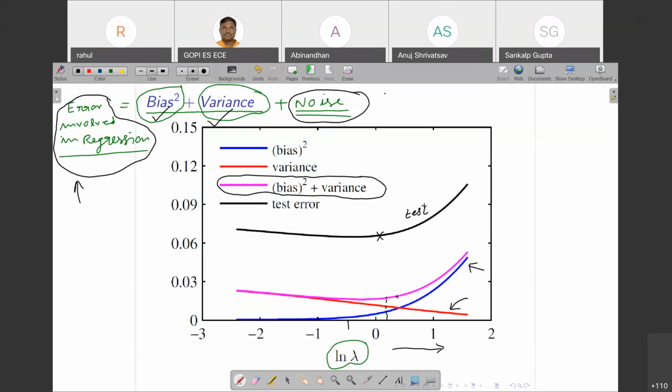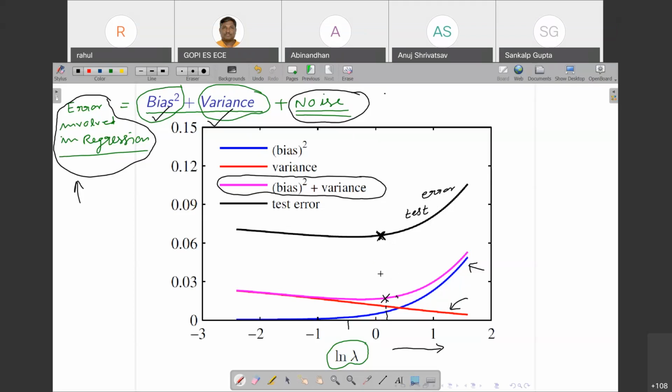This is a very interesting result we are getting. What I'm trying to say here is that where the bias square plus variance is minimum, that is the exact place where the test error is also minimized. That is the reason we are happy that if it is working for the test data, your work is perfect. That is the way we need to conclude. That is the meaning of it.